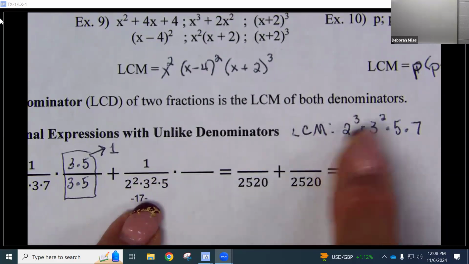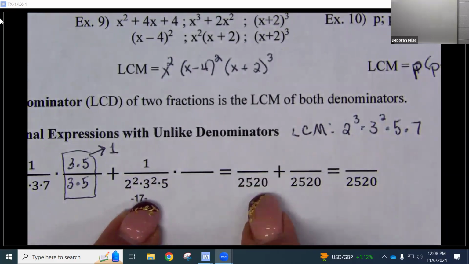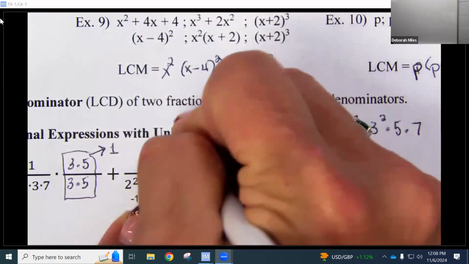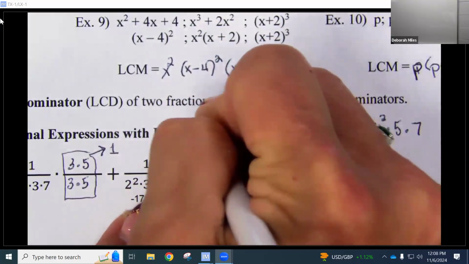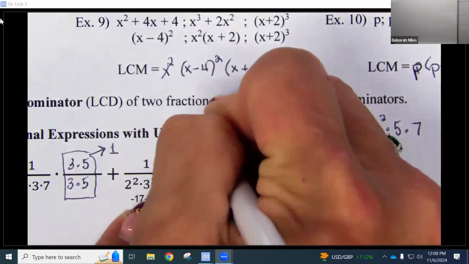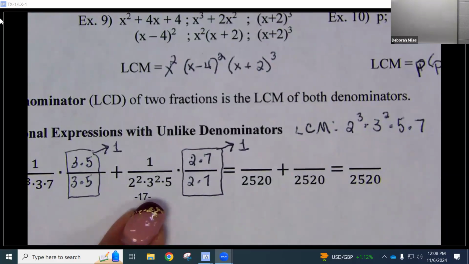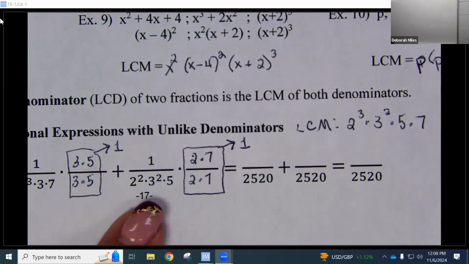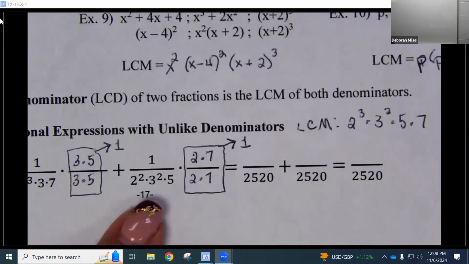So a 2 and a 7 is what the second fraction needs to make it have the LCD. Well, I can multiply times 2 times 7 as long as whatever I multiply the denominator by, I multiply the numerator by the same thing. So that really I'm only multiplying the fraction by 1, and multiplying it by 1 doesn't change it.